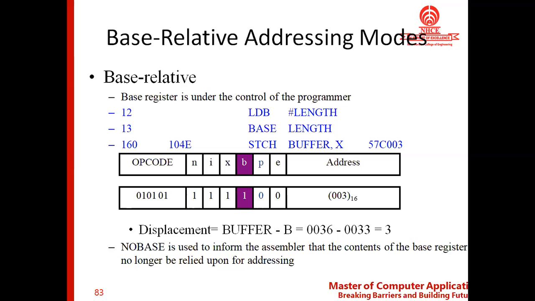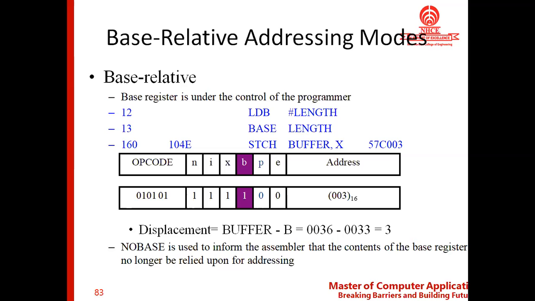In this case we will be using base plus displacement. As we can see, the B value we can understand, and the TA value we can get to know. Then the displacement has to be derived. So to derive the displacement, again TA minus B, the base register.